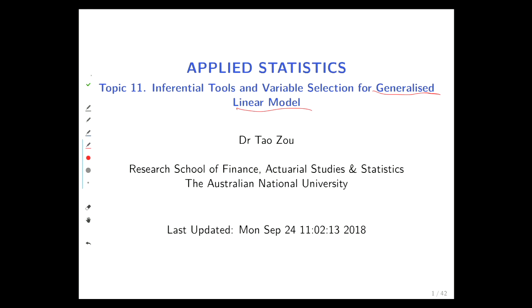So you can consider it a very large topic. Later, I'm not going to talk about the inferential tools and variable selection for the other generalized linear models. We only talk about it once, and that's in my next lecture.